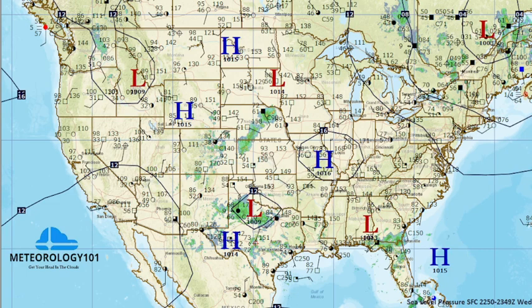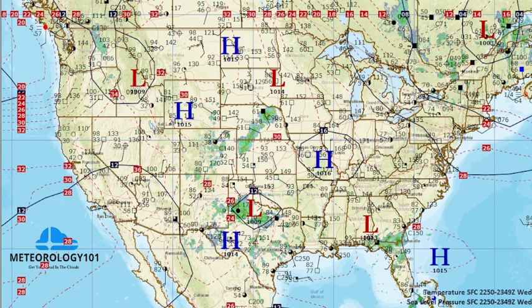All right, so let's put the thermal advection on there. Let's put the isotherms on there. All right, so this is a cold core system, 24 degrees Celsius. I always use Celsius because Fahrenheit gets a little cluttered, but for this purpose, let's stick with Fahrenheit.